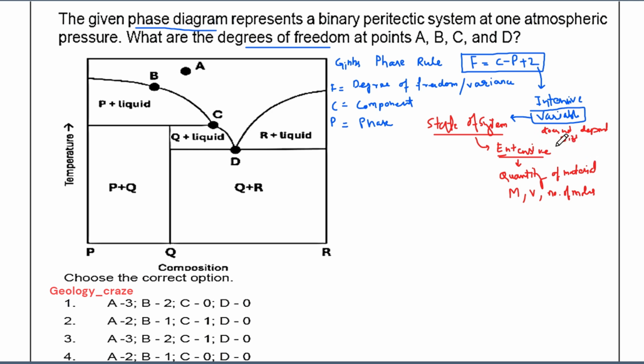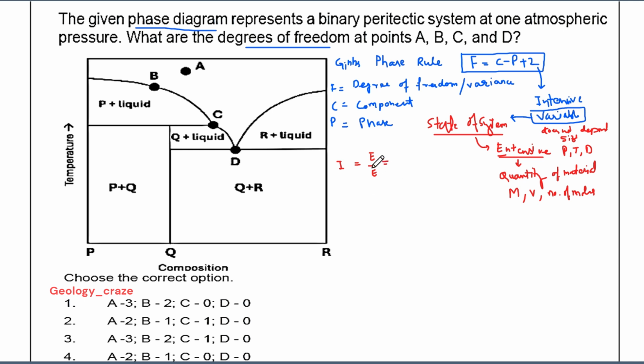So what are the things that are included in intensive? Pressure, temperature, density. If there is one condition: if we divide an extensive property by an extensive property, we will get an intensive variable.